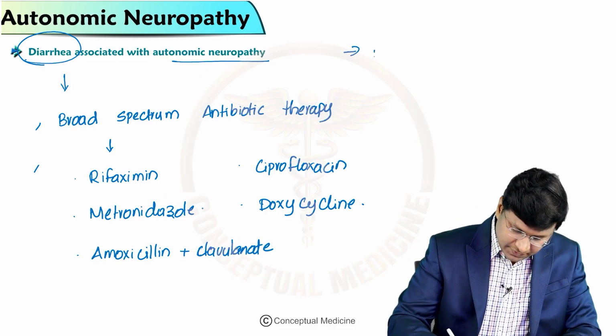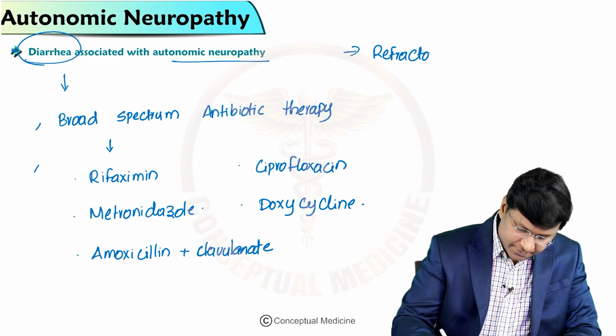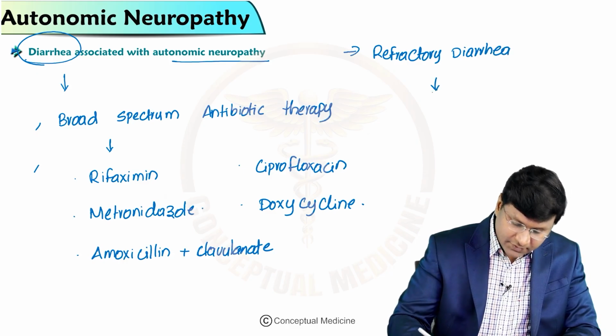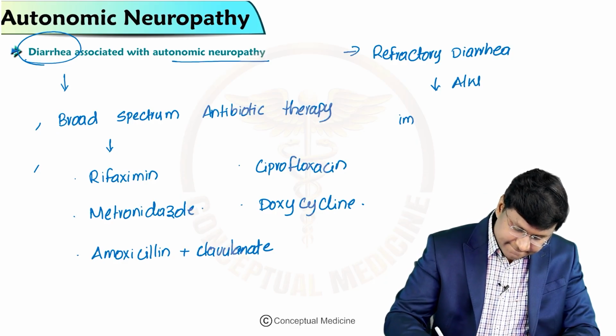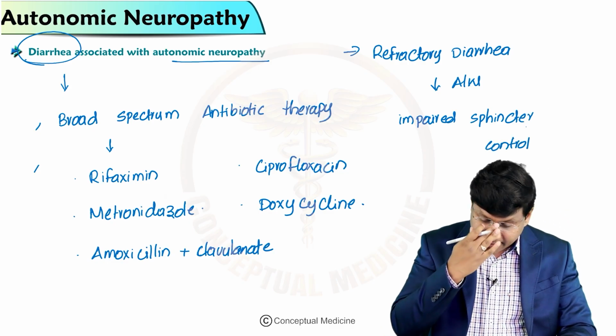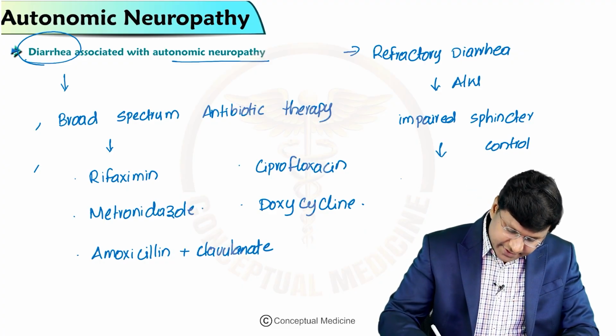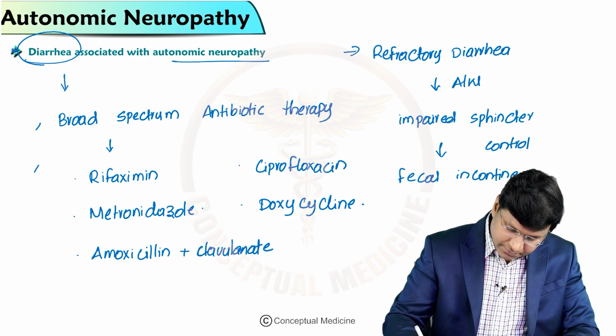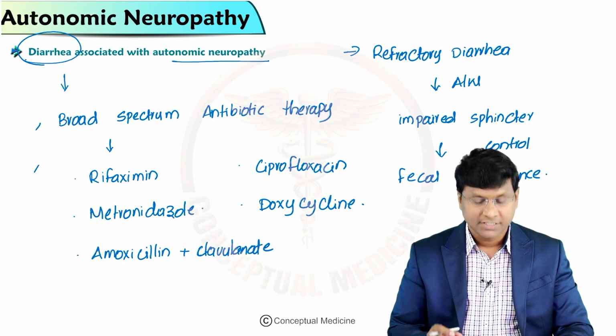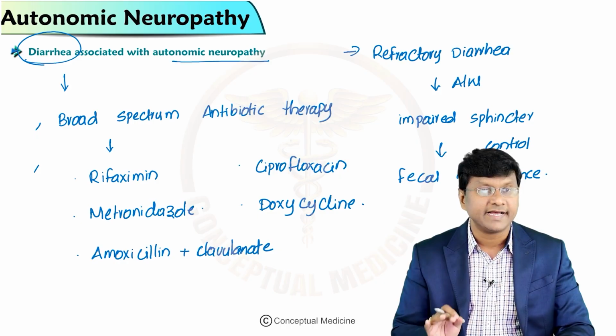So there can be refractory diarrhea, and this particular refractory diarrhea is due to impaired sphincter control, and this impaired sphincter control will cause the fecal incontinence. That is the reason why you have the refractory diabetic diarrhea.